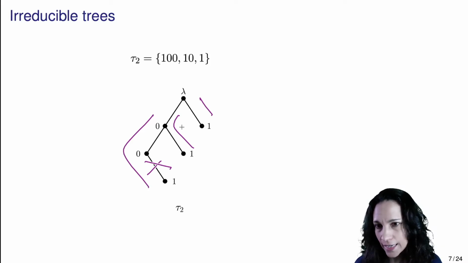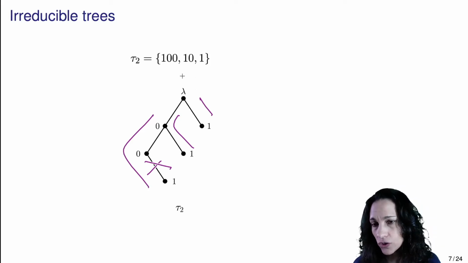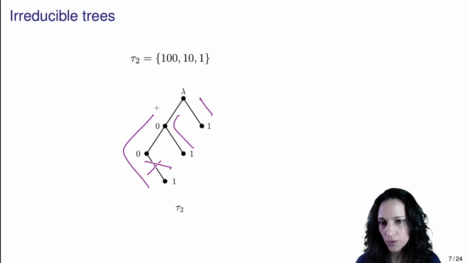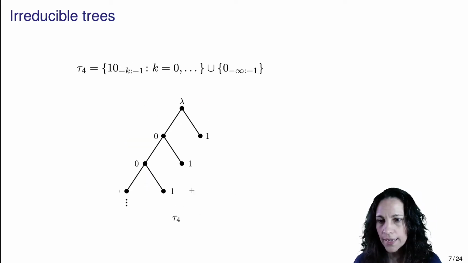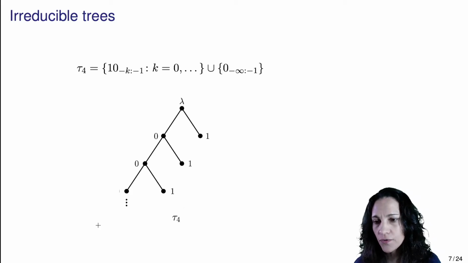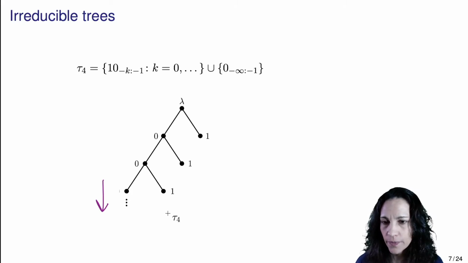But in any case, even if it is not an irreducible tree, it can be represented graphically as a tree here. And here we have tau4, where we represent only a portion of the tree because it is infinite, so it continues here.